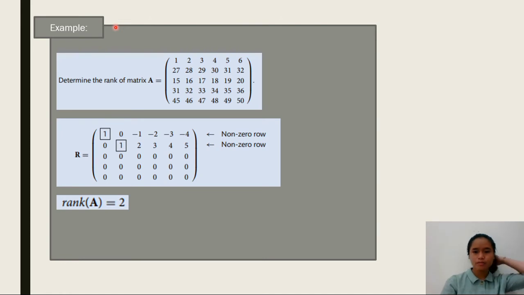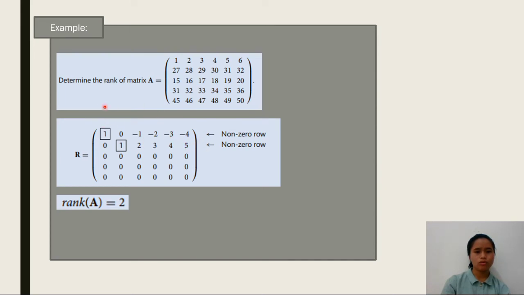Example: determine the rank of matrix A. This is matrix A. So we make the transpose, from the echelon rows, echelon form.